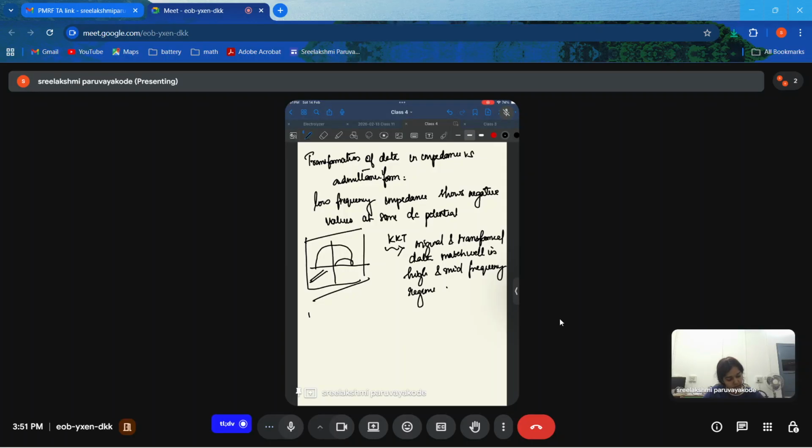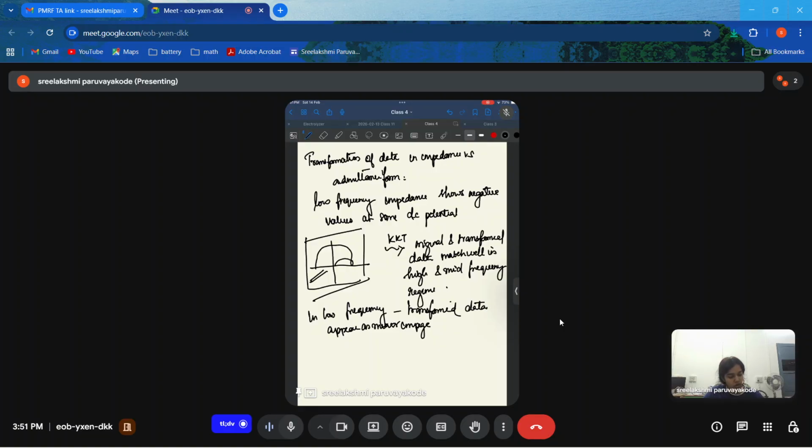In low frequency, the transformed data appears as a mirror image. So in this case, we may say it's not KKT compliant.